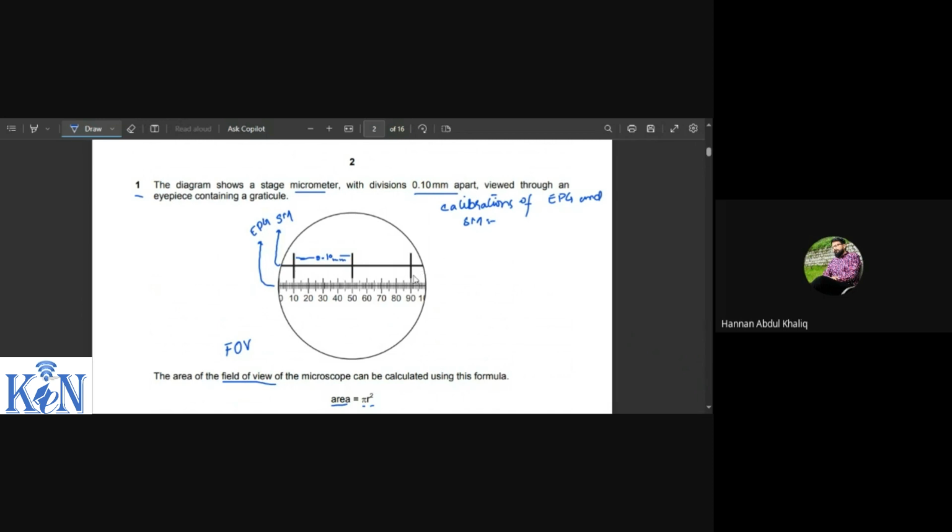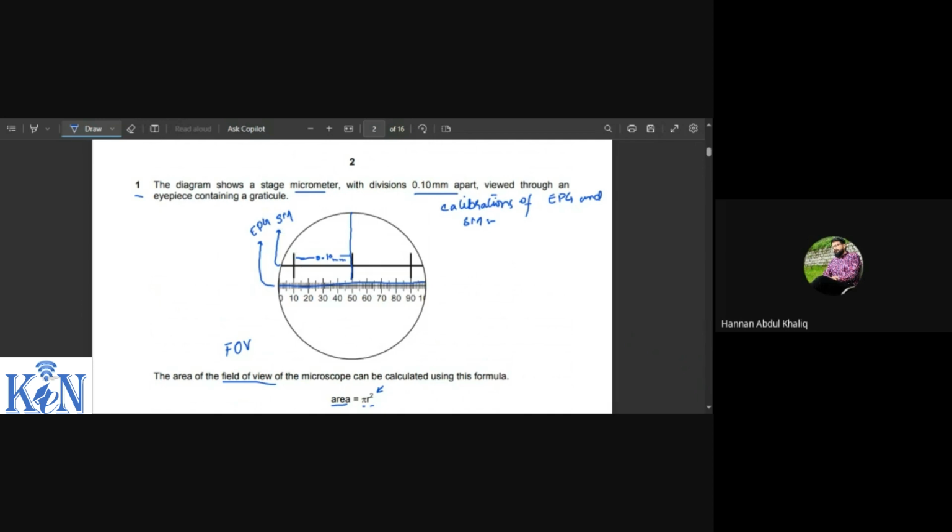So obviously we need to find out the radius here. If this is the diameter, then this one is the radius. The radius is half of the diameter, obviously.